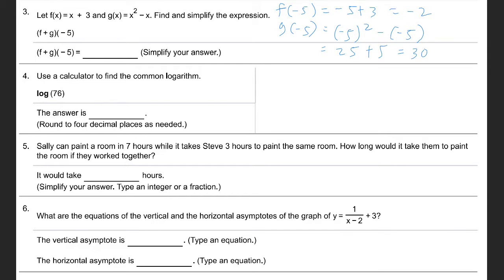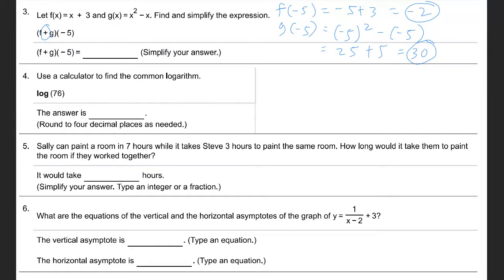So now, since our operation here is addition for the two functions, we're adding the two functions. So we'll just add -2 plus 30. So that would be our solution.